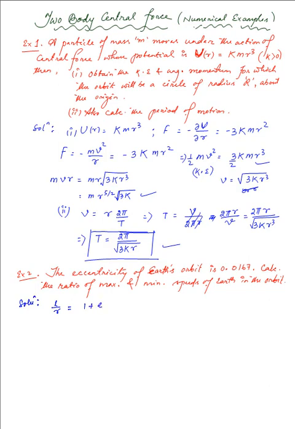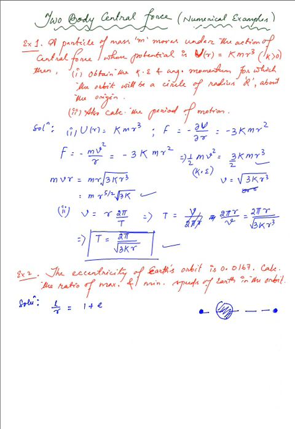Considering the Sun at one focus, the two positions, the perihelion and the aphelion, are at 180 degrees difference.